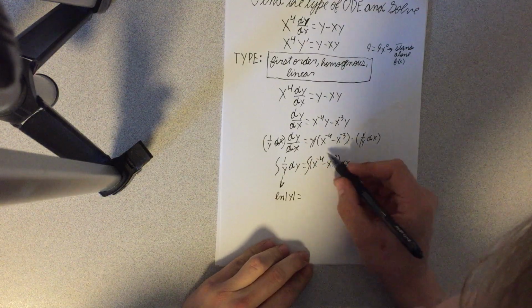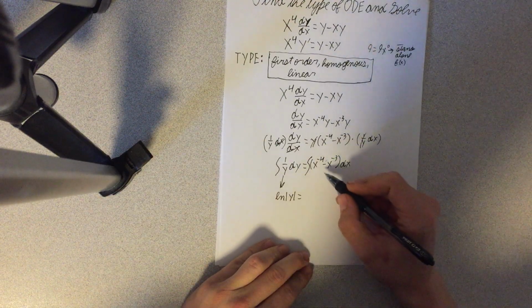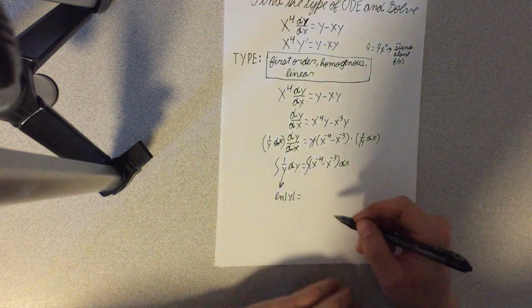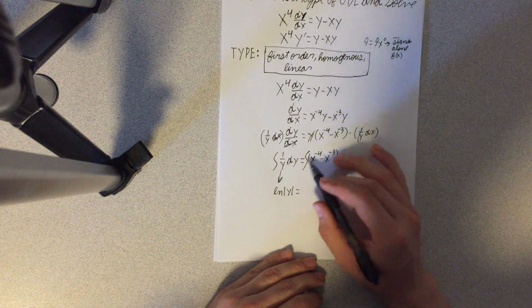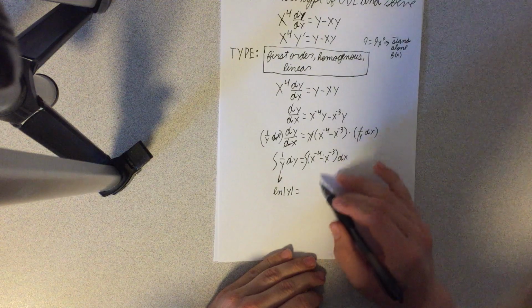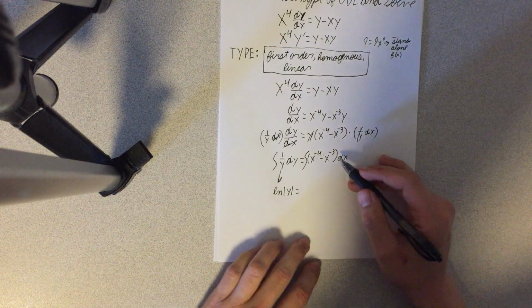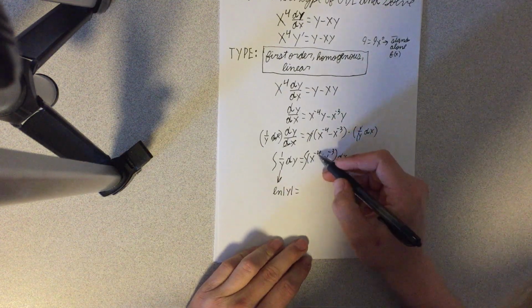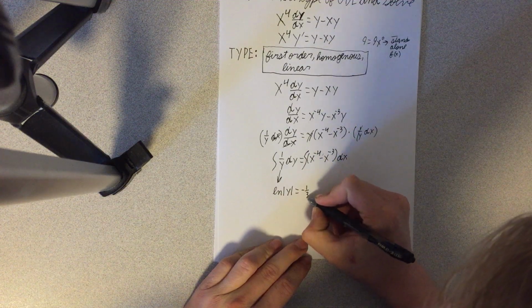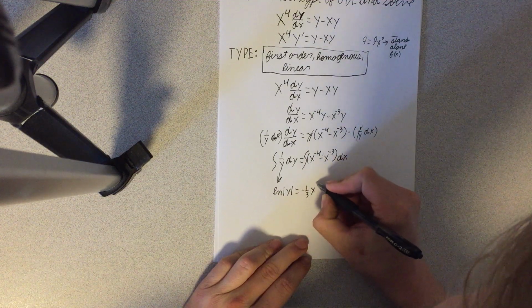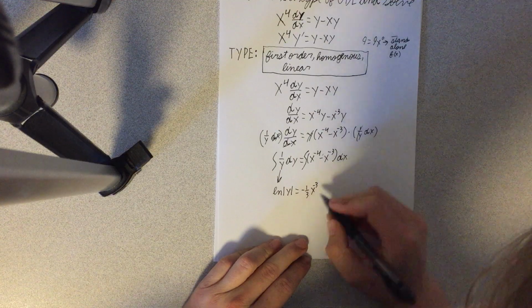We're going to integrate this. We can take it in separate terms, break it up to make it easier. I won't really go into why the integrals come out. Just for sake of check, this is going to come out to negative 1/3 x to the negative 3rd.